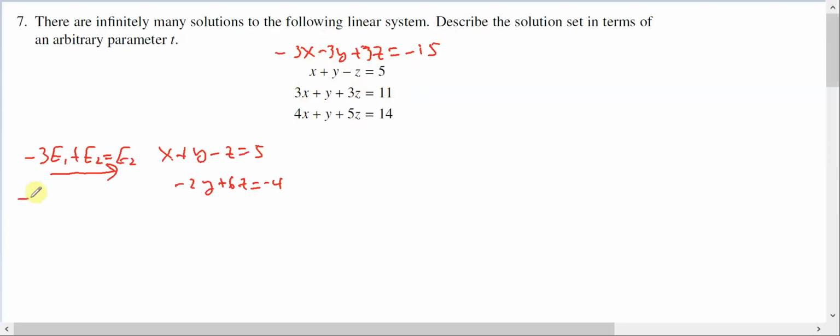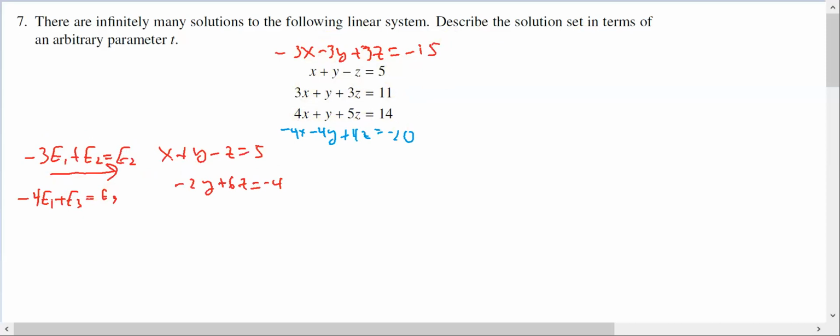Then I'm also going to just clear that x out of that last equation by taking negative 4 times equation 1, adding that to equation 3, and that's going to become my new equation 3. So underneath here I'll write down what that looks like. So this is negative 4 times equation 1. It's negative 4x minus 4y plus 4z equals negative 20.